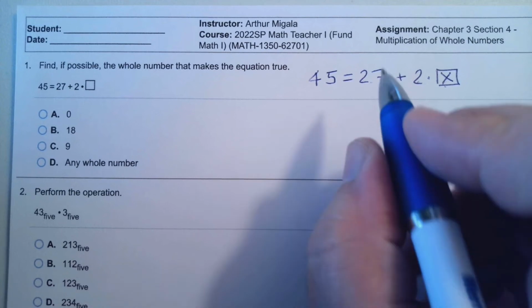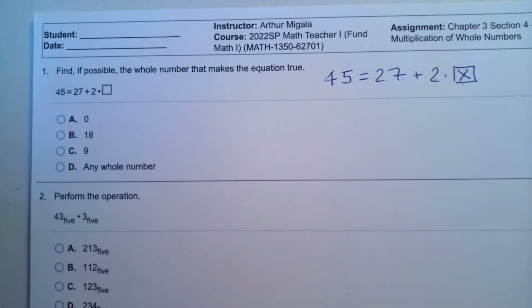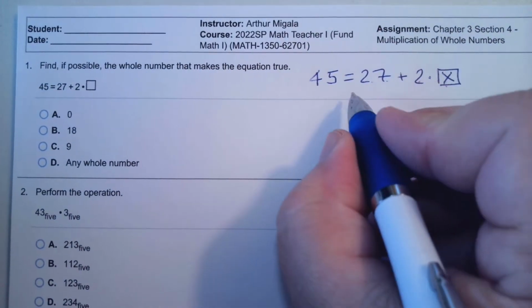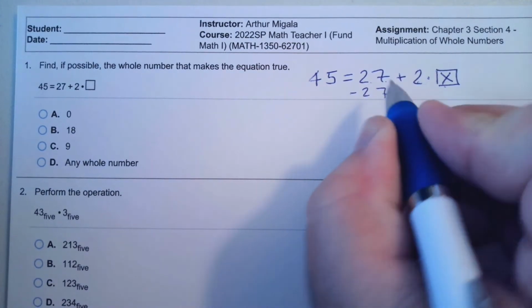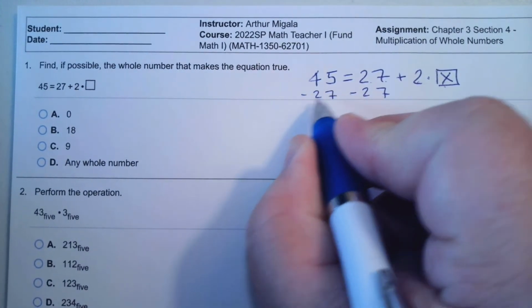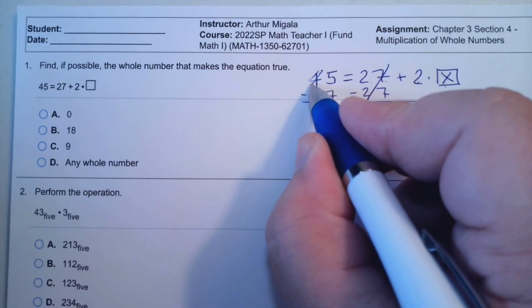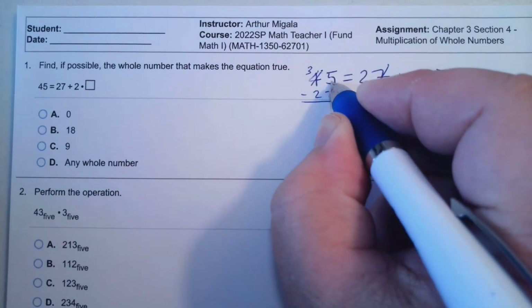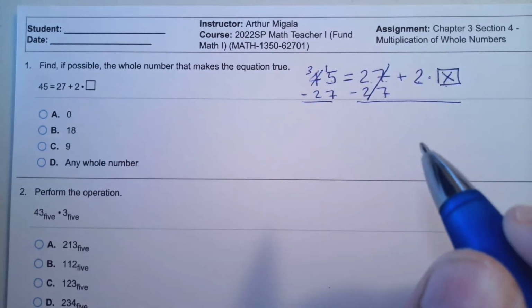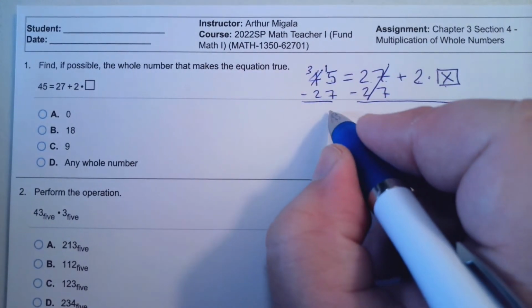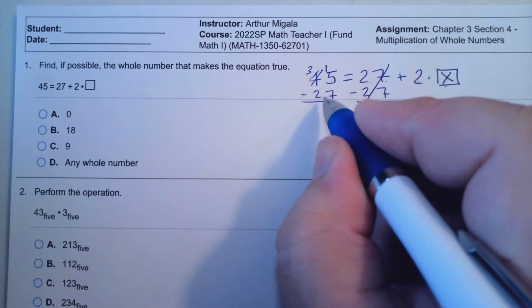Again, it's a process of opposites. The opposite of 27 is negative 27. So we subtract 27 from both sides. They cancel. But since 5 minus 7 doesn't exist, let's borrow a 1. 15 minus 7 is 8. 3 minus 2 is 1.